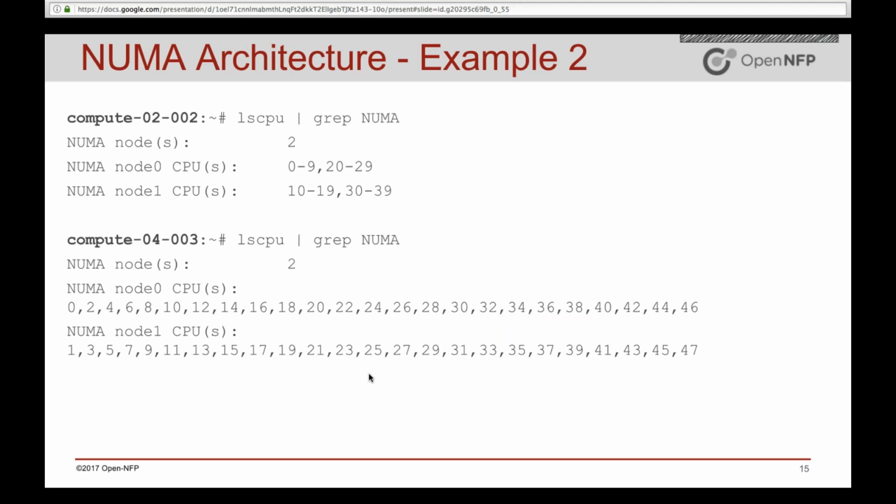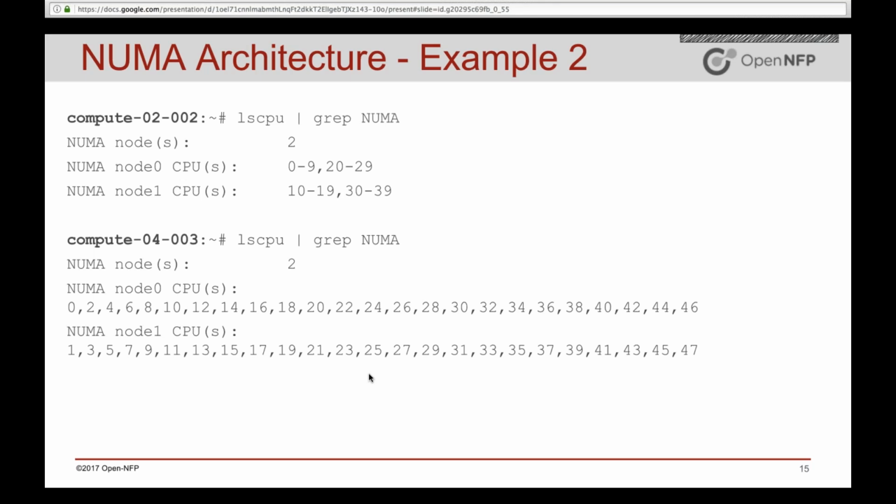As a second example, I've just taken the lscpu output for two different machines, and here you can see for the first compute node, it's got NUMA node 0 and it's got CPUs 0 to 9 as the first CPUs for NUMA node 0, and then 20 to 29. Now, the 20 to 29 in this case are the hyperthread partners of the CPUs 0 to 9.